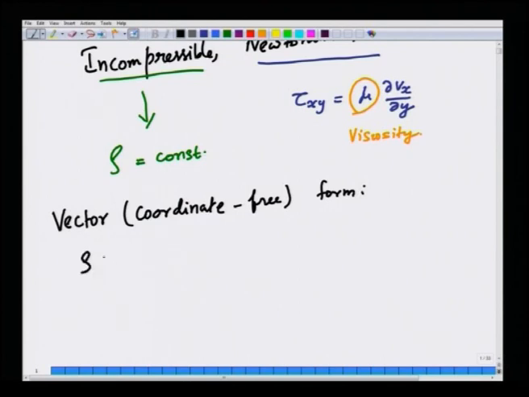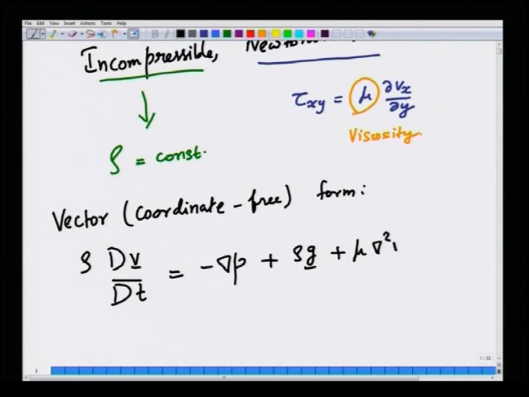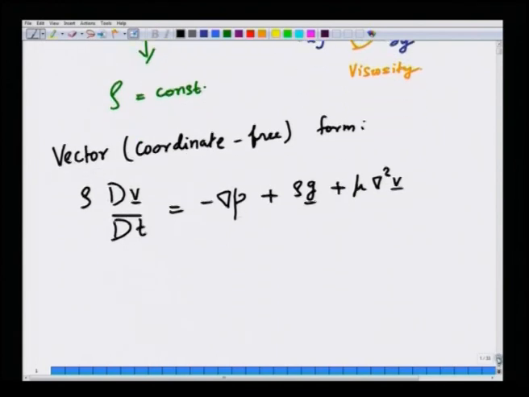Okay. Rho times the substantial derivative of velocity is minus del P plus the body force rho g per unit volume plus mu del squared V. So, this is the vector form.